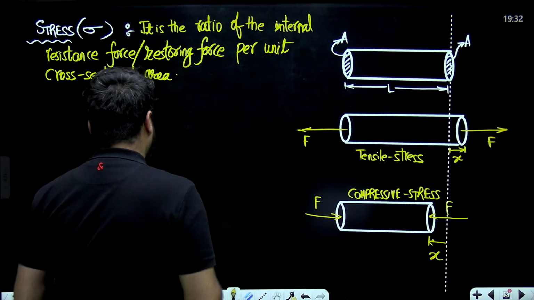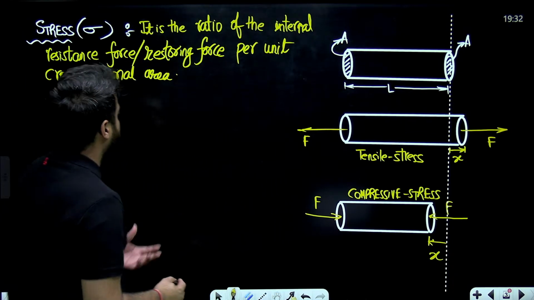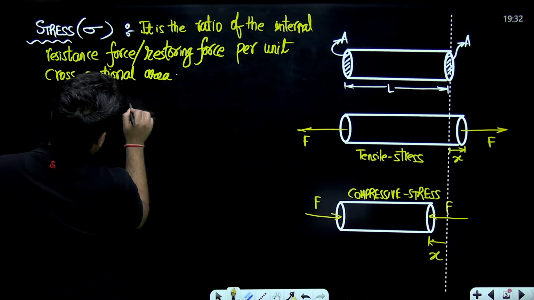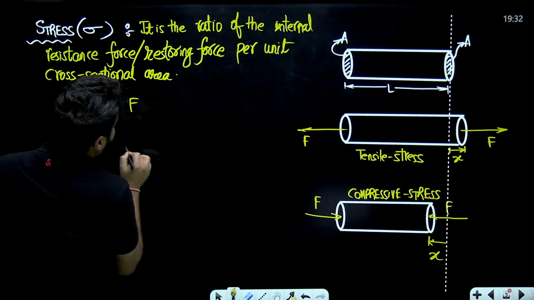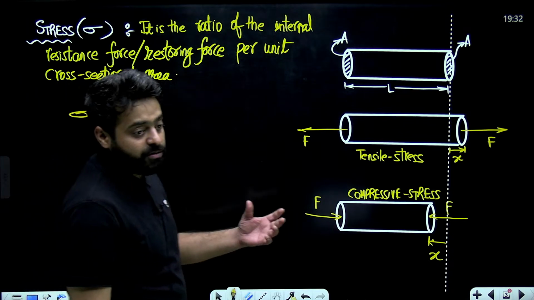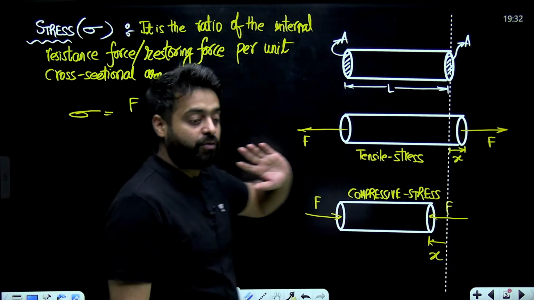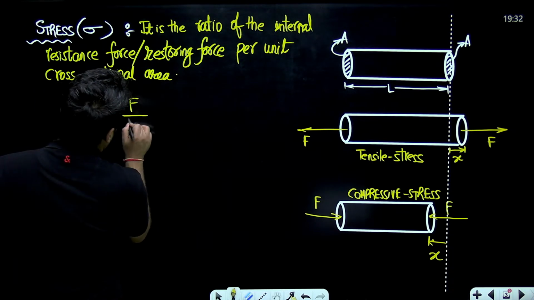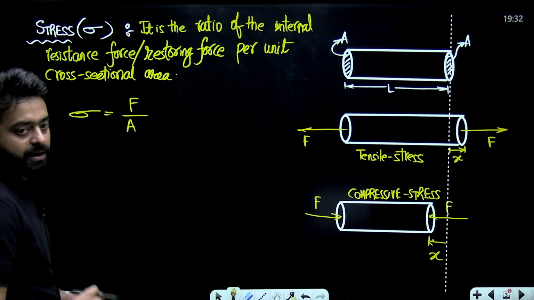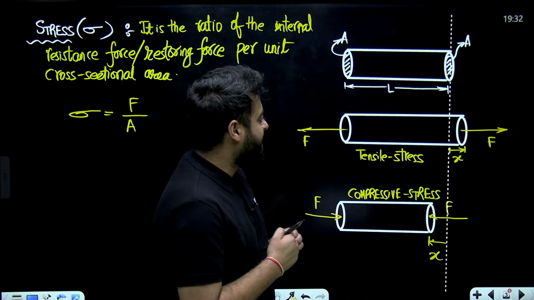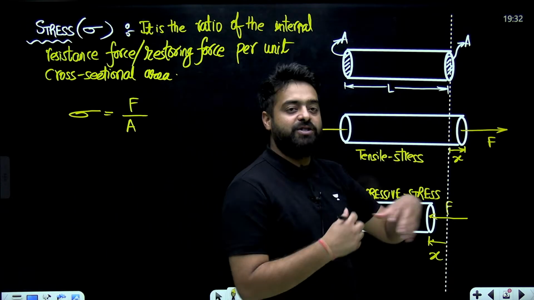I want to give you the exact definition because it's going to be useful. So can I say that stress is equal to the force which is applied on the body, or you can say the internal resistance force, but at the equilibrium position the internal restoring force is equal to the external force F divided by the area of cross section. Some people may think, sir, this force is F, this force is F, it should get cancelled out.